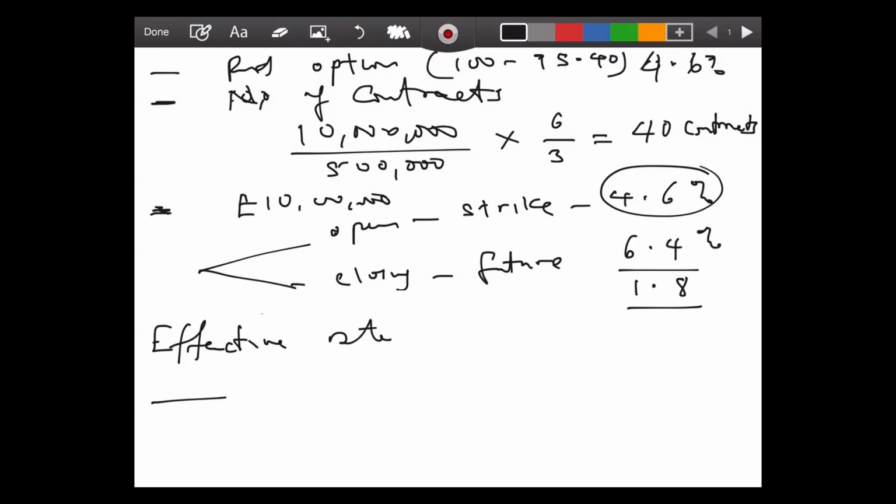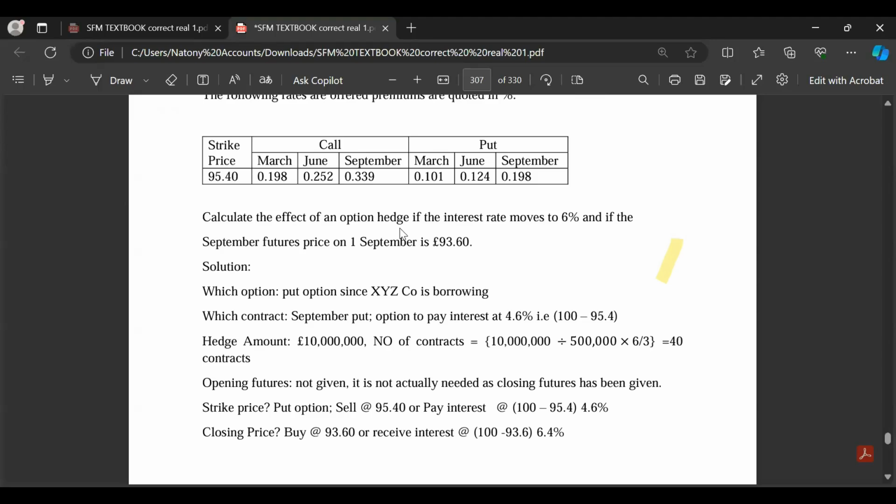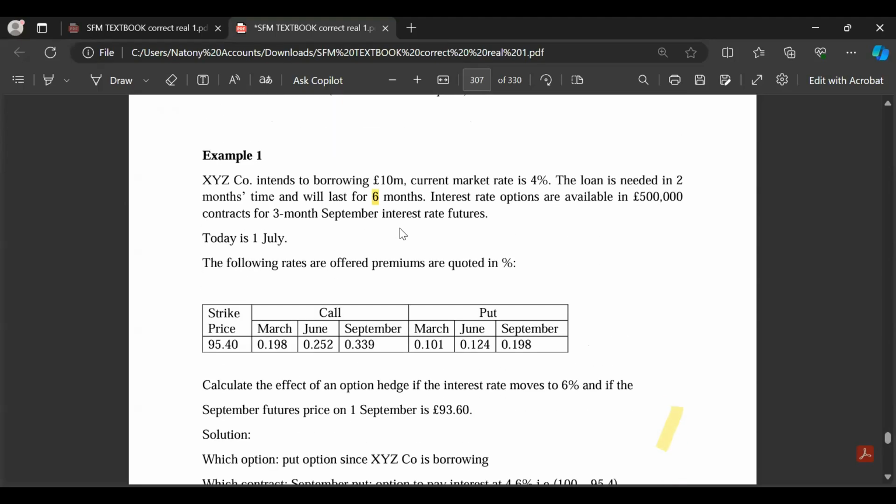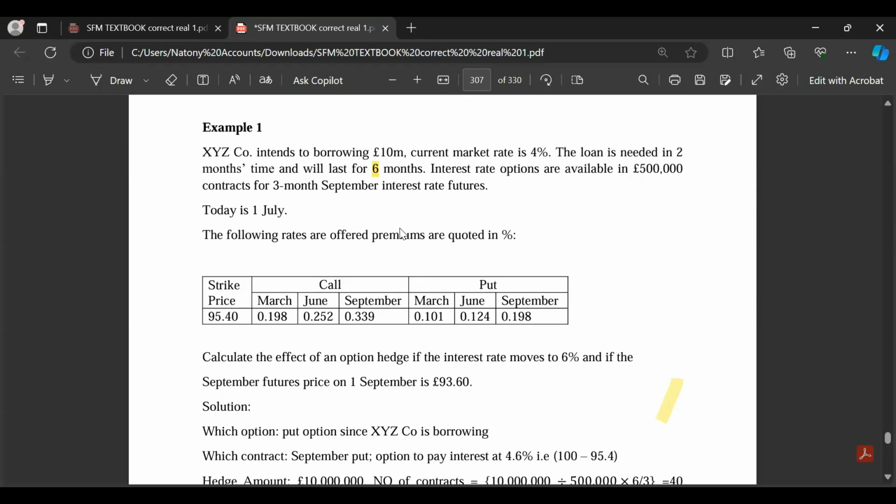Let's go back to the question so that we see clearly what I am solving. Calculate the effect of an option hedge if the interest rate moves to 6% on the closing date.